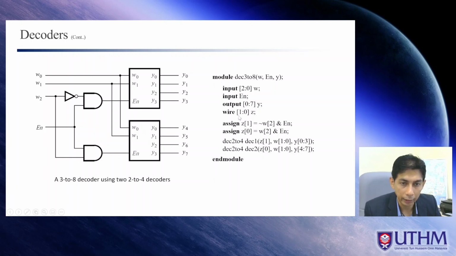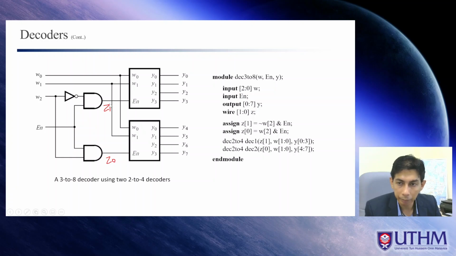And we have wire Z, so we have Z1 and Z0. Z1 is the output of this gate, and Z0 is the output of this gate, right?